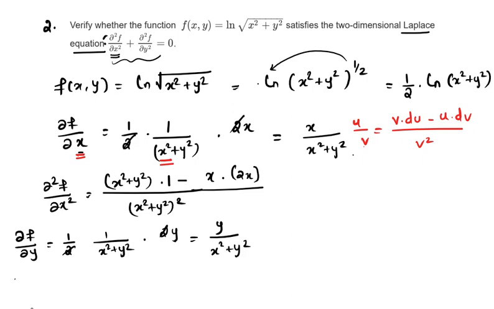Again, we are going to partially differentiate, dou squared f by dou y squared. As we did above, we are going to do the same process.